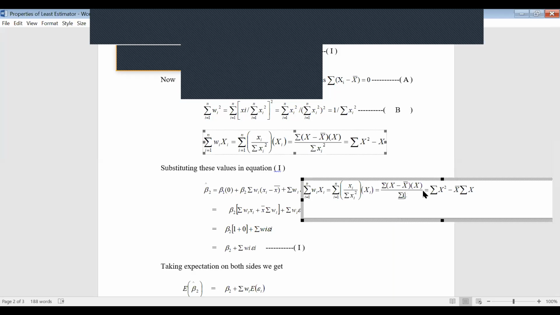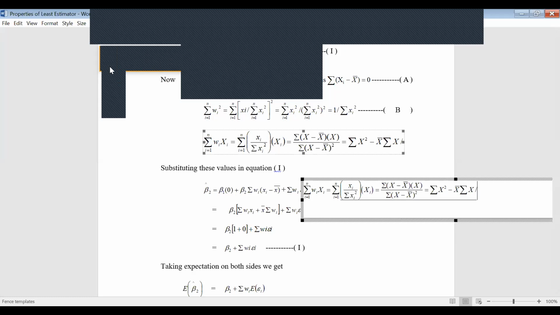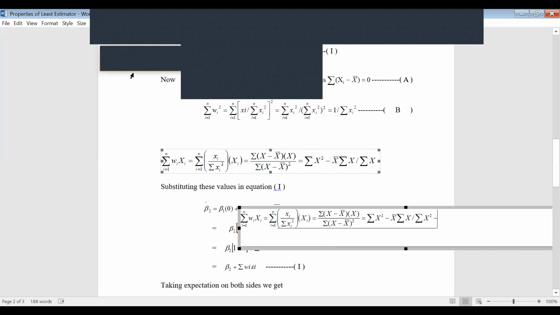In the denominator, after expanding the small xi, we have xi minus x bar whole square, and after expanding the term in the denominator, we have summation xi square and minus x bar plus x bar square, that would be nx bar square after applying the summation, and minus 2 times nx bar.